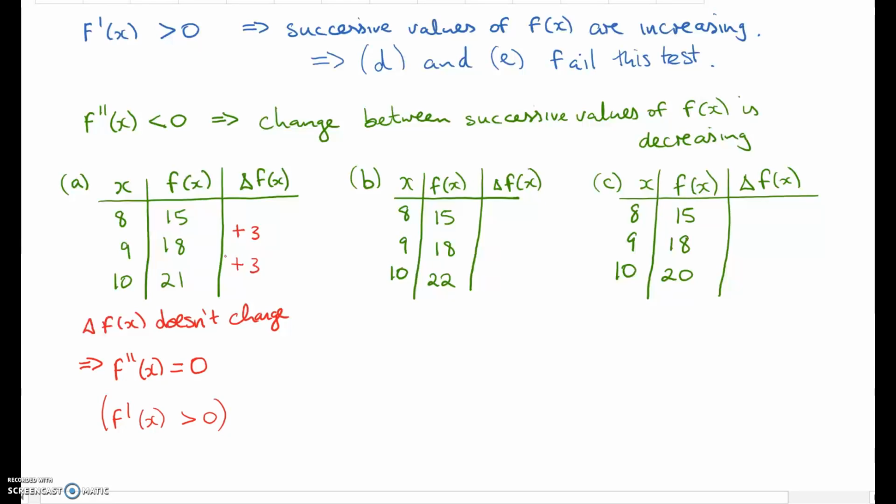In this case here, f of x changes from 15 to 18, so that's plus 3, and then from 18 to 22. So in this case, delta f of x is increasing.